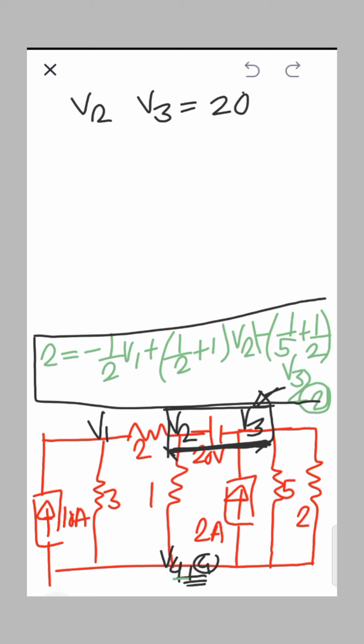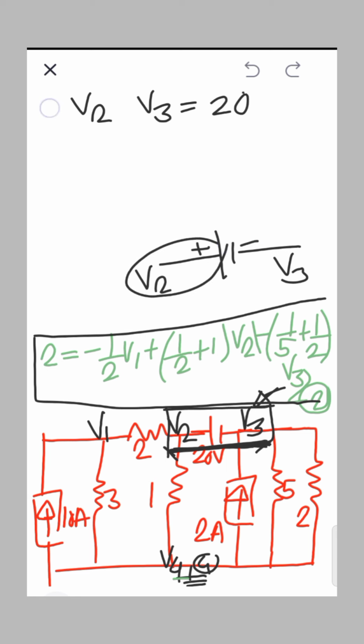Tell me the polarity of V2 at this connection between V2 and V3. Is it positive or negative? It is positive, and this one is negative. So V2 is positive and V3 is negative. So V2 minus V3 equals 20, and this will be your equation number 3.